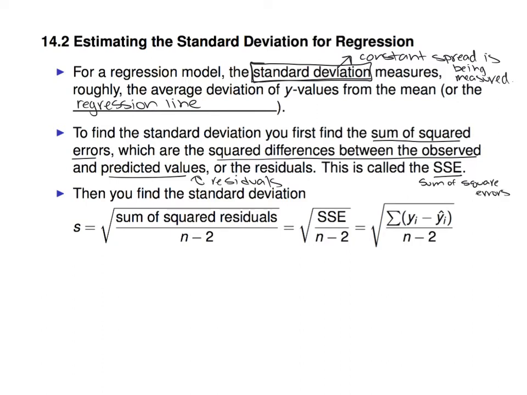And then you find the standard deviation like this. So take the sum of squared residuals divided by n minus 2, take the square root. I made a teensy bitty mistake here. I forgot to put a squared sign there. But what this says you do is take your observed minus predicted squared for every single data point, for all data points, and then take a sum. That's what this numerator means. Add them all up.